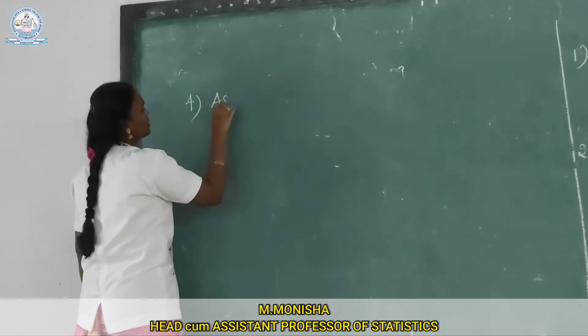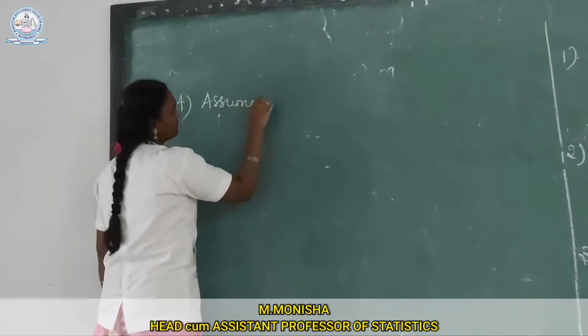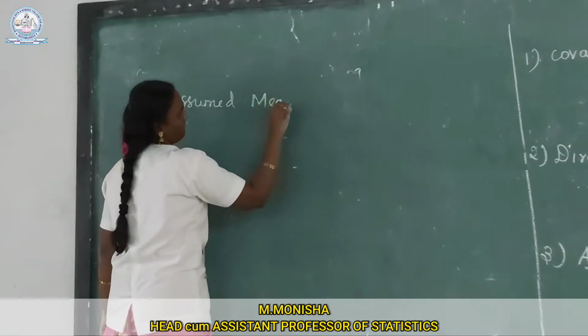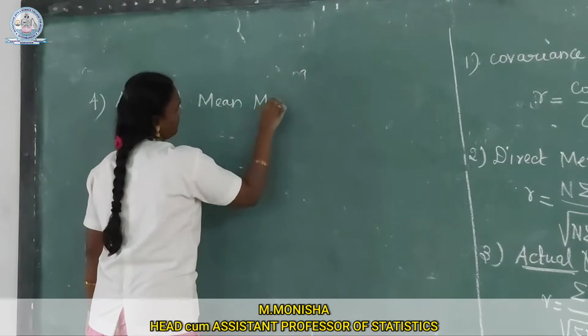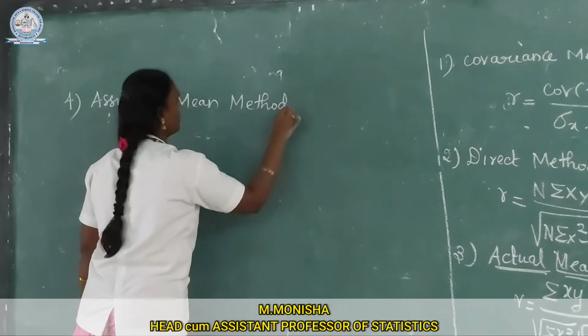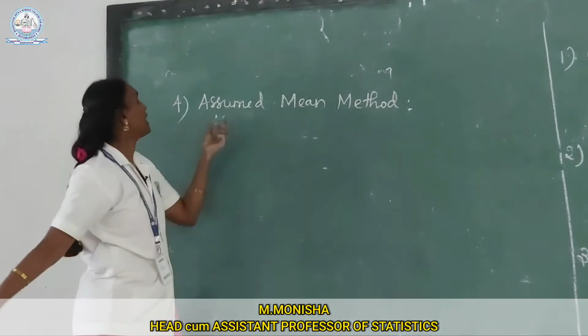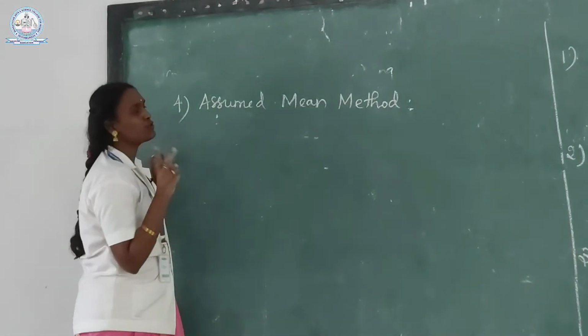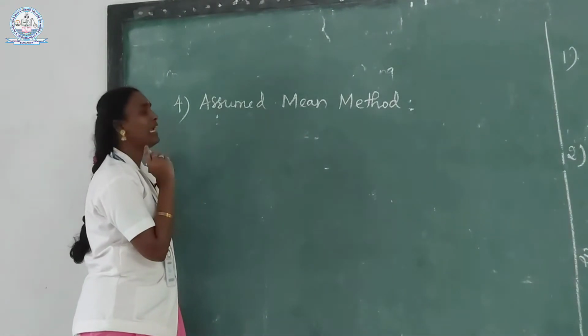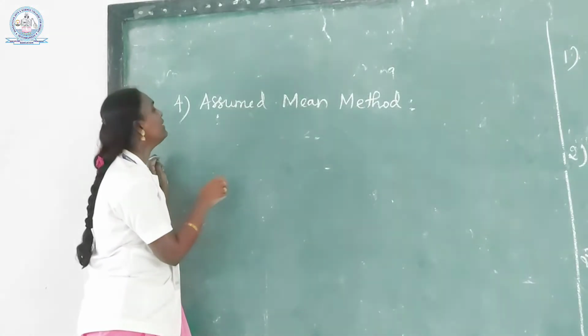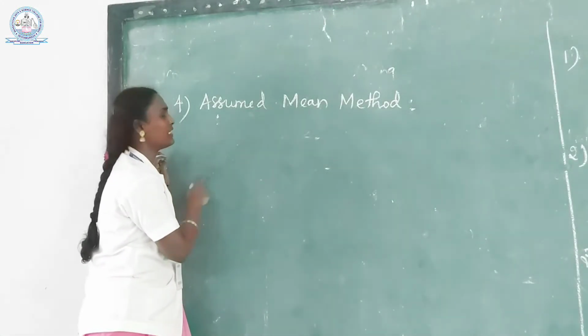The fourth one is the assumed mean method. We take any one value from x and any one value from y as the assumed means of x and y.